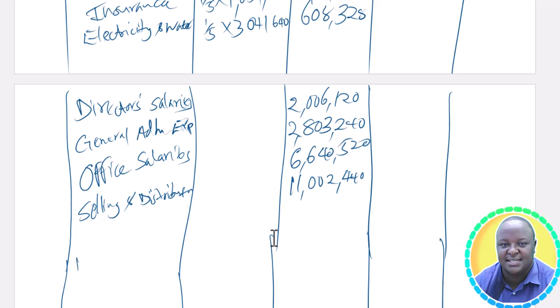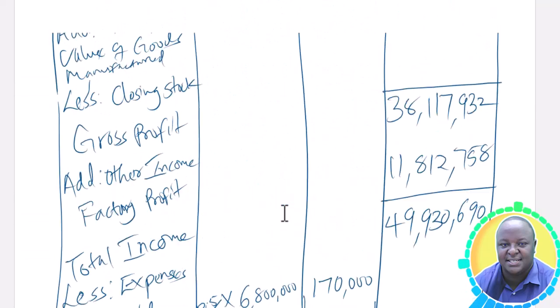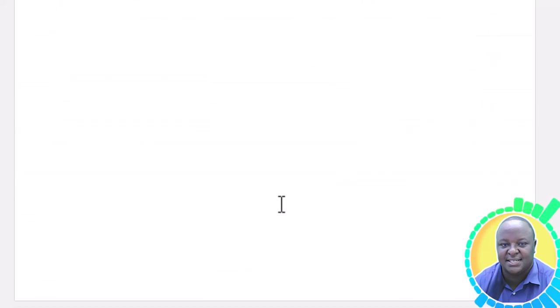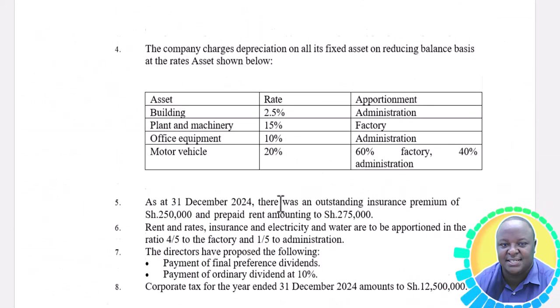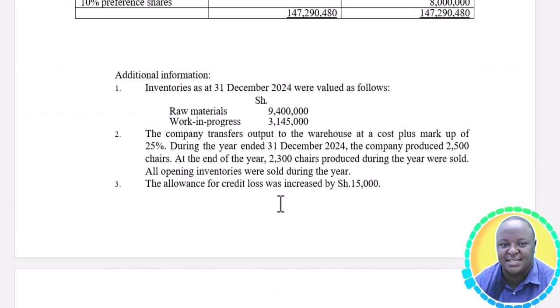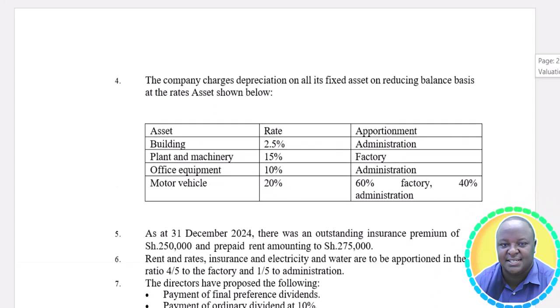And then of course we have increase in allowance. It's an expense. We have been told from additional information number 3 that the allowance for credit loss was increased by 15,000.